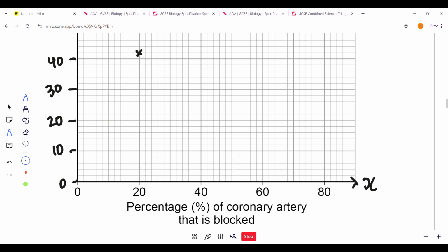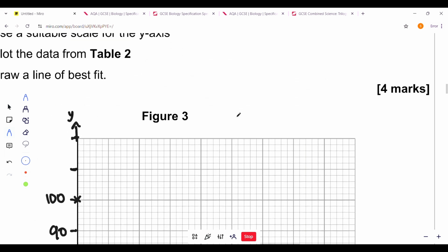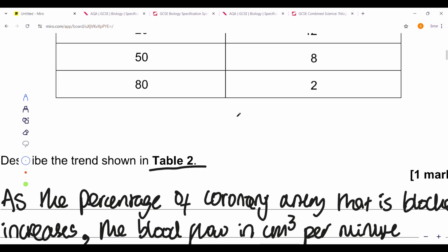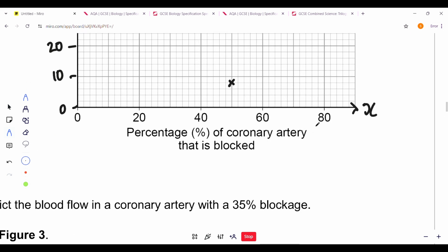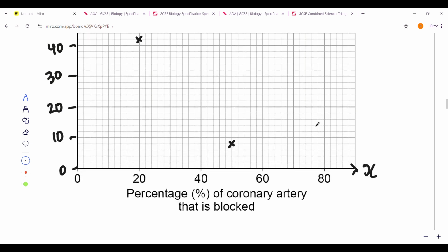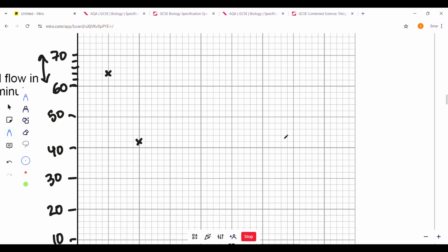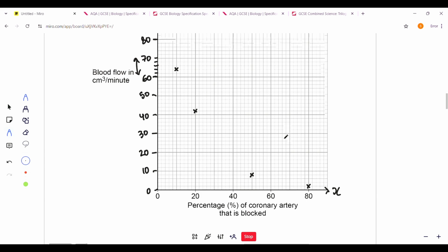And then 8 would be plotted here. And then you do 80 and 2. There you go. So that is our graph plotted there.